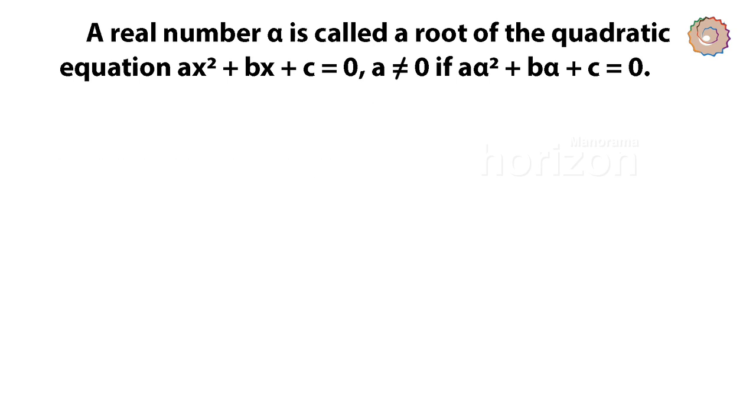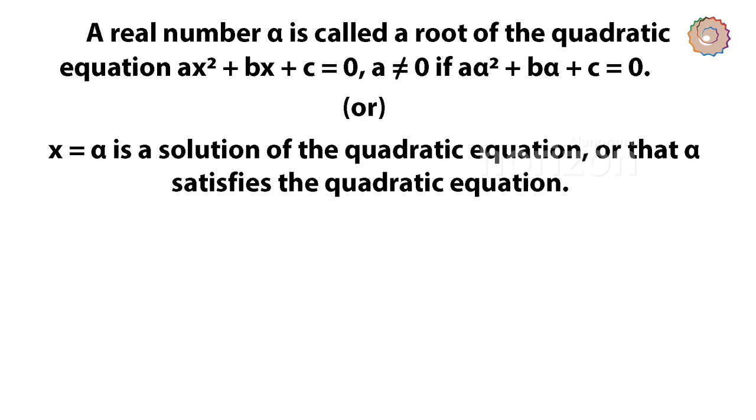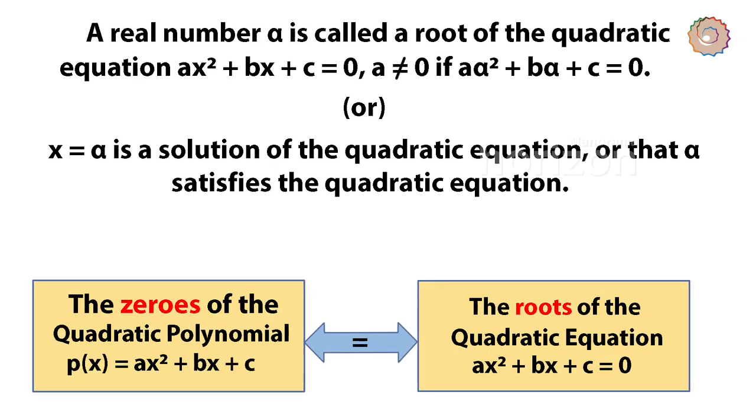We can also say that x = alpha is a solution of the quadratic equation, or that alpha satisfies the quadratic equation. Also, the zeros of the quadratic polynomial p(x) = ax² + bx + c will be the same as the roots of the quadratic equation ax² + bx + c = 0.